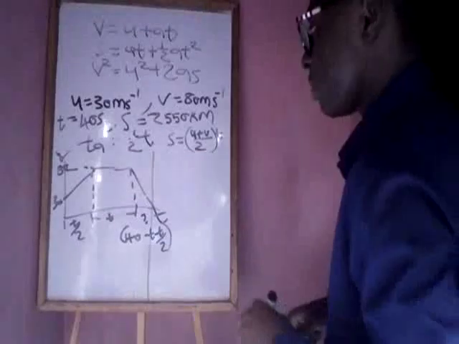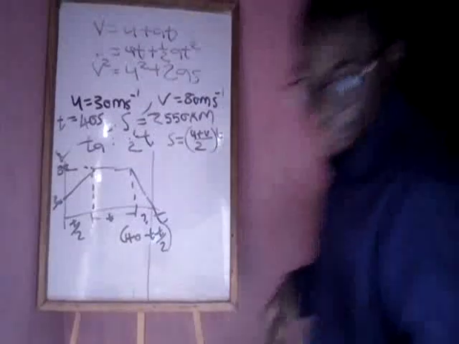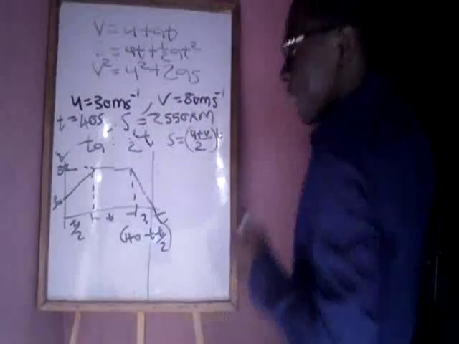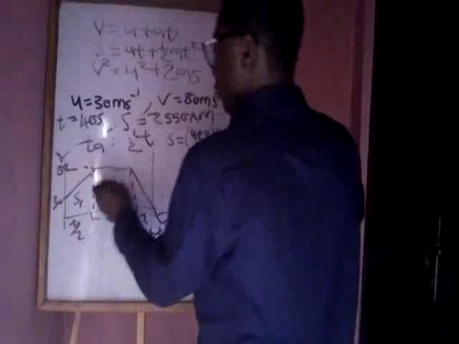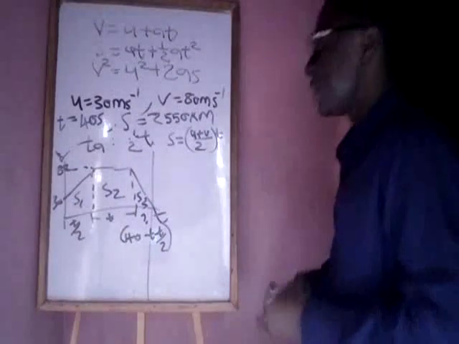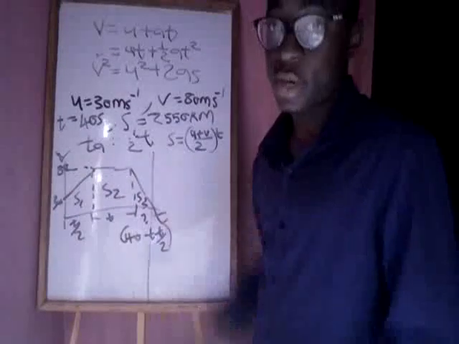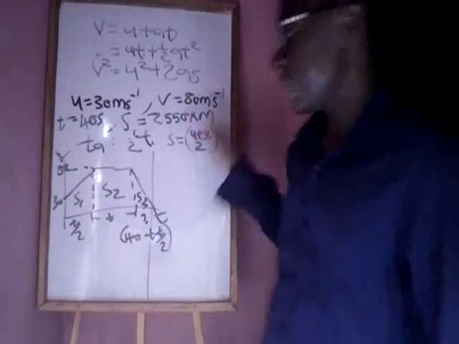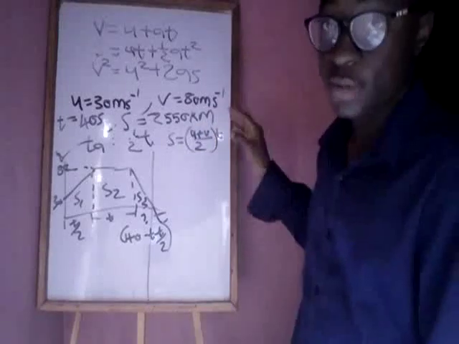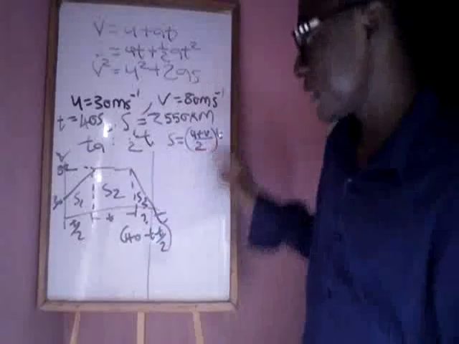We don't know the distance yet, but we have the total distance, which is 2,550 kilometers. So when we add the distances S1 plus S2 plus S3, we are going to get 2,550 kilometers. If we use this formula to calculate S1, S2 and S3, we get an equation equal to 2,550 kilometers. When we solve, we'll get a value of t, which is the time, and from the time we can get the acceleration.